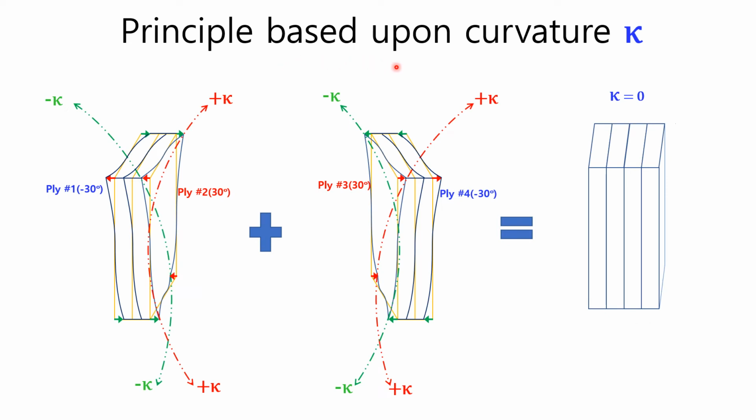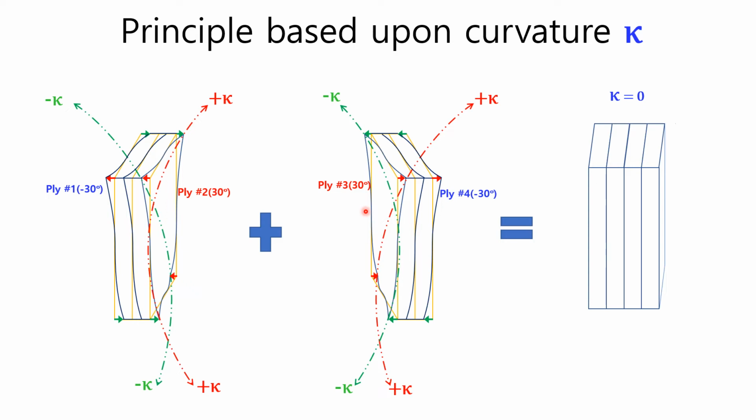The principle for making all the out-of-plane displacements equal to zero can be explained by curvatures. As you can see here, the plus and minus curvatures of first set of plies cancel out the minus and plus curvatures of second set of plies. Minus and plus curvatures of first laminate cancel out plus and minus curvatures of second laminate respectively.